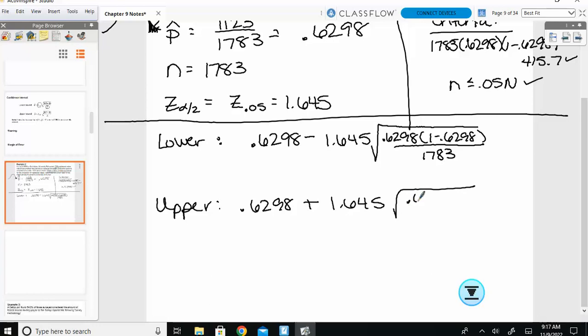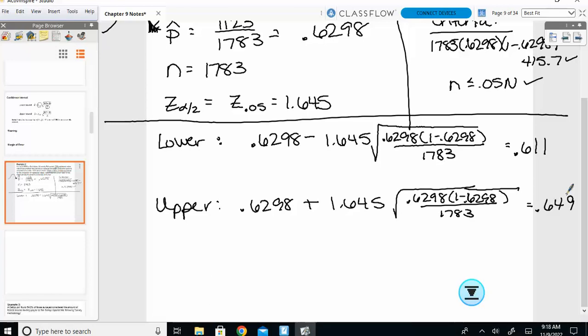So what I would do is type it in my calculator once and hit second enter, change my minus to a plus and get the other one. So 3 to 4 decimal places is fine here.